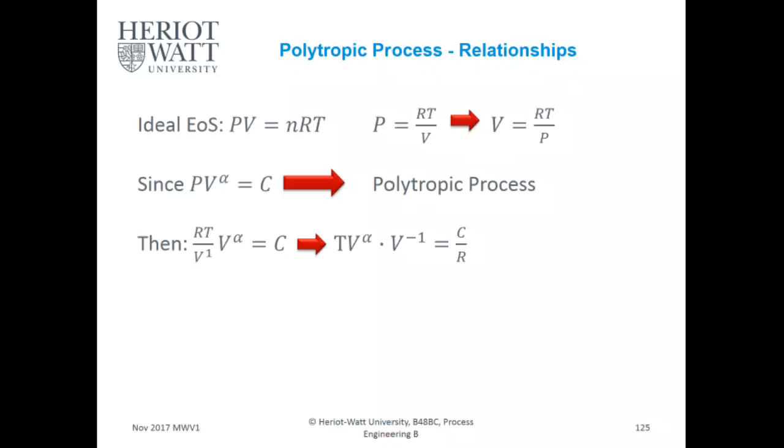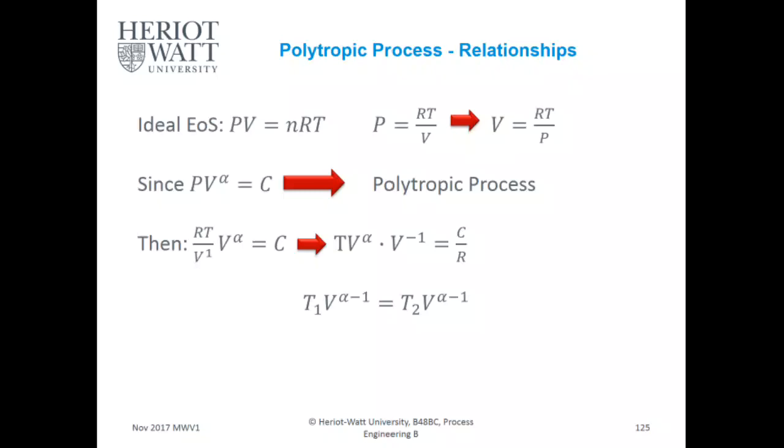So T V to the alpha multiplied by V to the negative 1, because you brought your denominator up, equals C over R. So C over R is your constant. Now you can cancel out and basically call that a constant. Hence T1 V1 to the alpha minus 1 equals T2 V2 to the alpha minus 1.